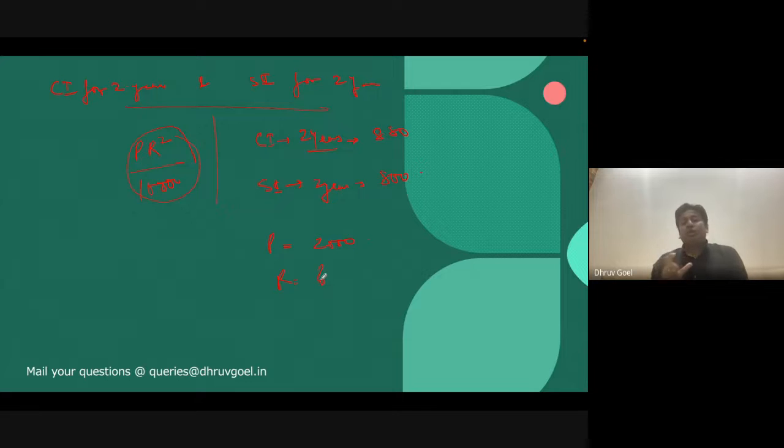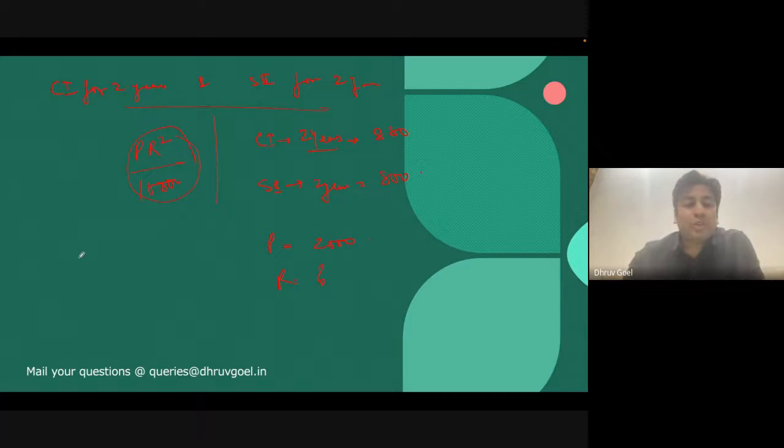But it is not always so simple to find the answer. Maybe you are given only the difference between CI and SI, that the difference between CI and SI is 80 rupees, and the principal is 2000. Give us the value of R. The question becomes a little difficult there, right? You again have to solve multiple equations and everything.